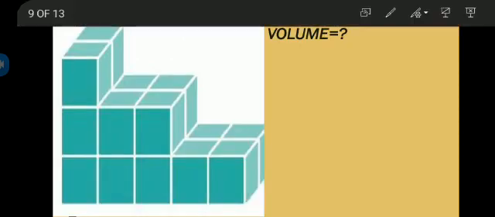Now you can see how we find. Here you see column wise 3 cubes are present and row wise 2 cubes are present. That means 3 into 2 is 6. And column wise 2 cubes are present, row wise 2 cubes are present, so 2 twos are 4. Here also 2 and row wise 2, then 2 twos are 4.